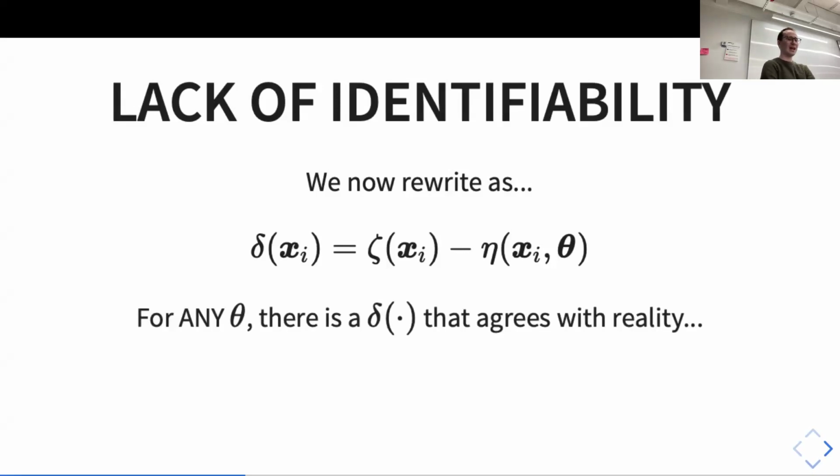So for any theta, so for any model parameter that we can pick whatever we like, we're saying that there is a model discrepancy such that this all agrees. So it doesn't matter what value of theta we choose, we can describe some sort of discrepancy process that will fix our bad choice of theta.